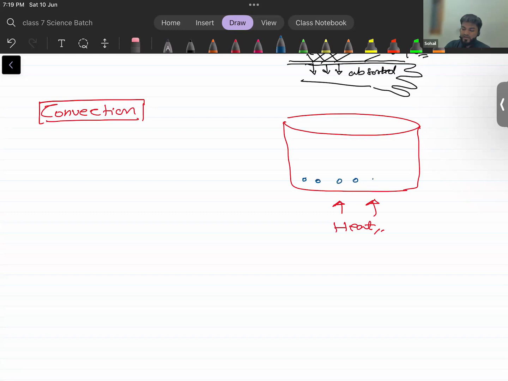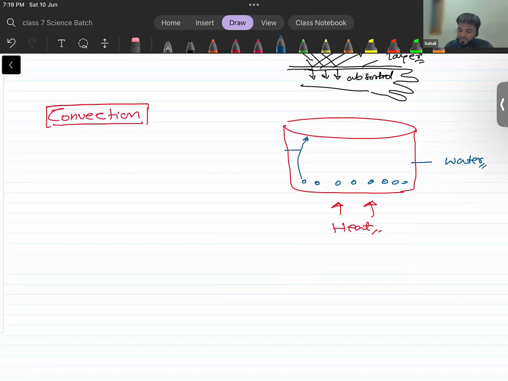Let's say this is a water medium here, although convection happens in air also. The particles lying below in the beaker have more exposure to heat, so they will get heated first. We know that particles which are hotter rise above, so they will come to the surface. Let's say this is the level of water.